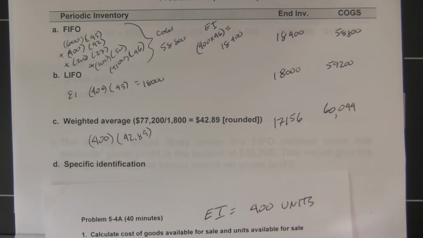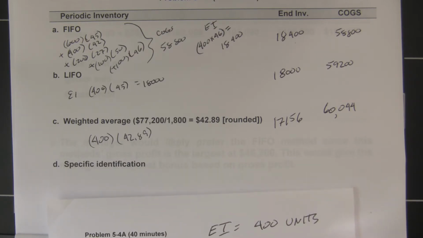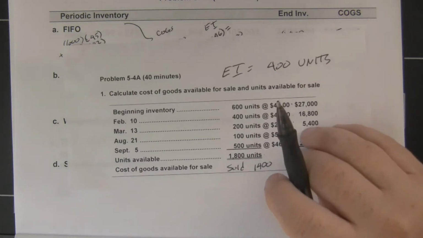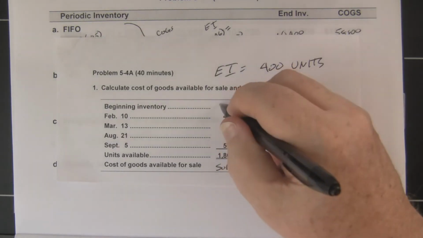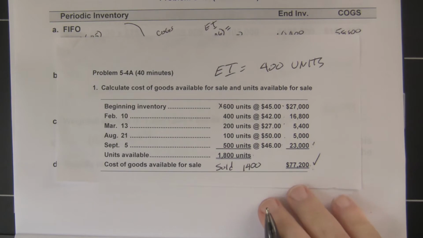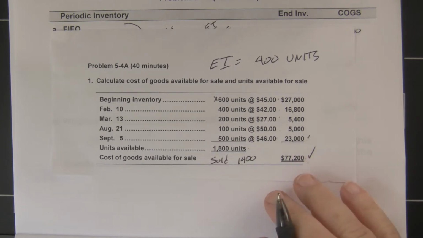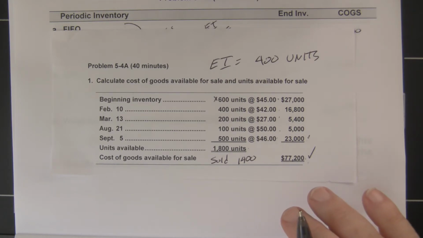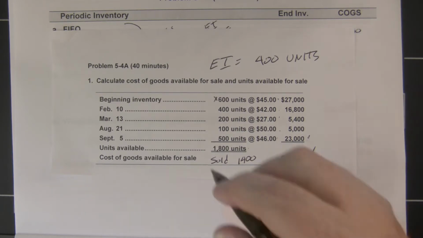I'm told that the units sold consist of 600 units from the beginning inventory. So that's gone completely. So for specific identification, I can just rule that one out. And then it tells me, and I'm reading this right from the book on page 266, 300 units from the February.